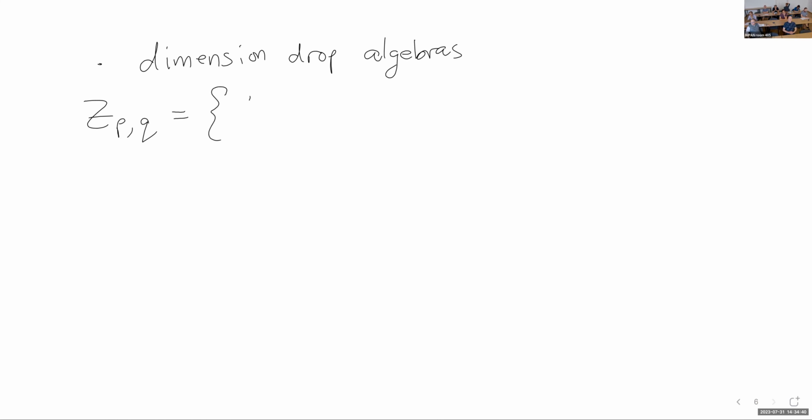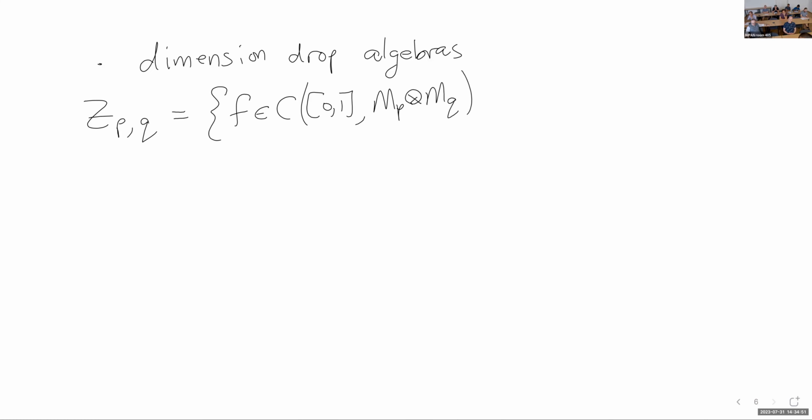Another example of what Xn could be are these dimension drop algebras. I'll denote them by Z_{p,q}, where p and q are natural numbers. It is a subalgebra of continuous functions from the interval into the matrix algebra Mp tensor Mq, or Mpq.